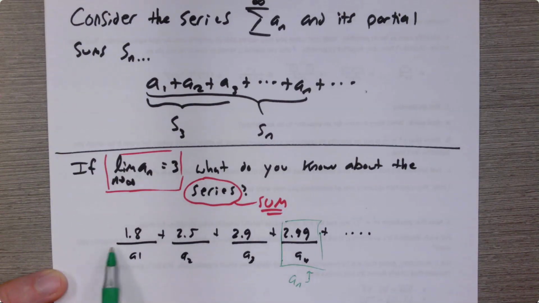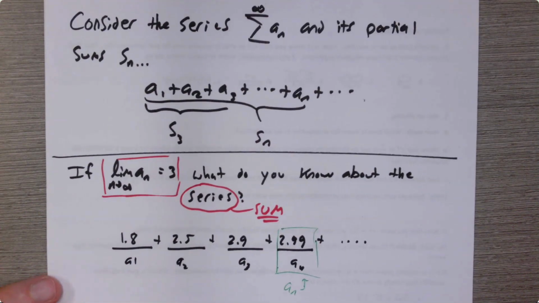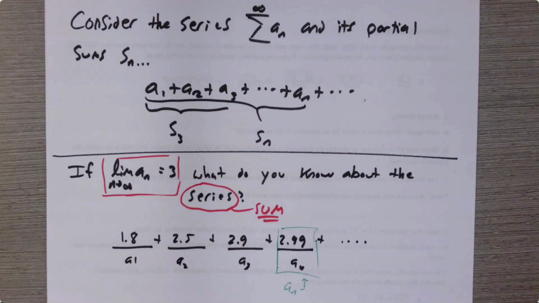Okay, so now that we're imagining this, what do we know about the series? What do we see about the sum? And you have to have in your mind, what have we been talking about recently? So recently we've been talking about there's only a couple of things that can happen with an infinite series. Either it can converge, which means it's getting closer towards a value, or it can diverge, which means that it's not approaching a value.